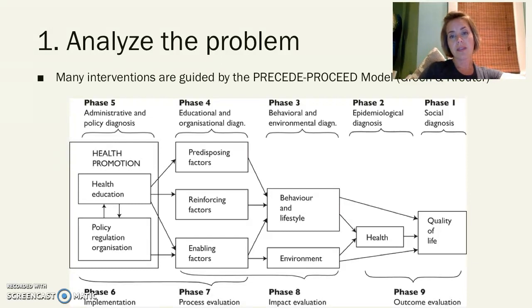And then on the second phase, or the proceed section of the precede-proceed model, we're looking at implementation. We're going to leave that be for now because when we're analyzing the problem, we are really focusing on those first 5 phases of the precede-proceed model. The proceed would then go into the implementation piece. Surprise.